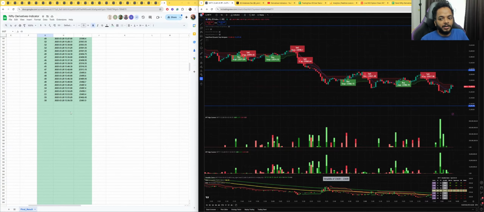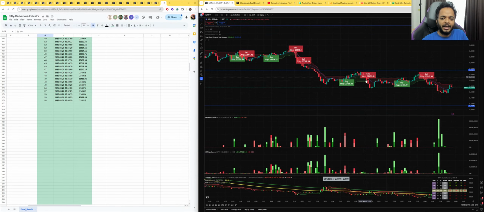It's not a big deal for them. You see that put writing happened, the market went up, and then why is it falling again? 40 points might be enough for those big algos. They shorted puts and took Nifty up by 30-40 points, and they're done.